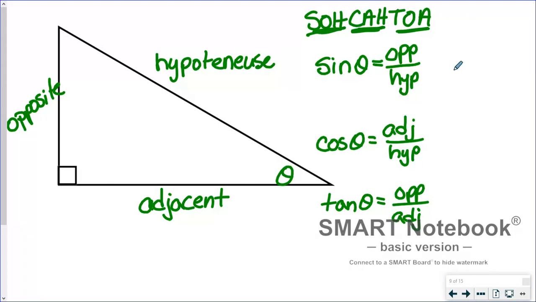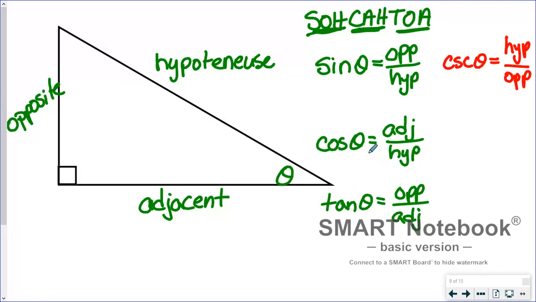All right, so I kind of went into the reciprocal functions, which I talked a little bit about yesterday. So sine's reciprocal is cosecant. If you're taking the reciprocal, all you have to do is flip these things, right? So it would be hypotenuse divided by opposite.